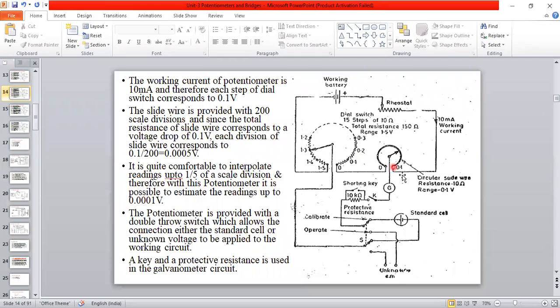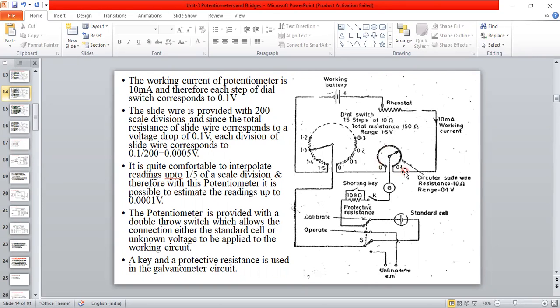What is the total voltage of this dial? How much voltage is there? 0.1 volt is total. How many turns are there here? 200 turns are there.